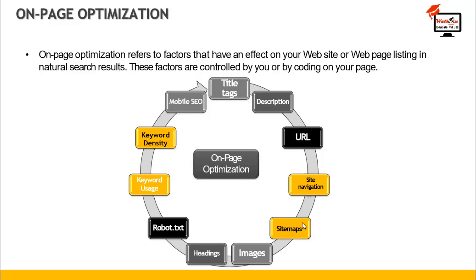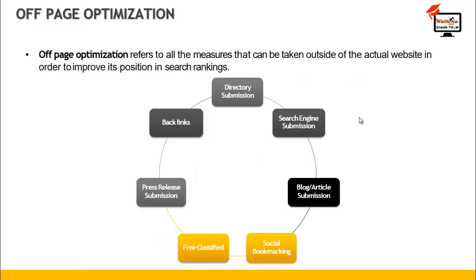Now over here in on page optimization, we were working on our website to make all the changes. The next type of optimization is off page optimization. Off page optimization itself suggests that we are off the page, meaning we are not on the website. Now we have closed the website and we are working somewhere else.